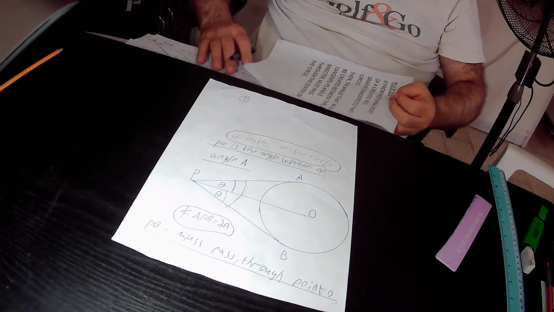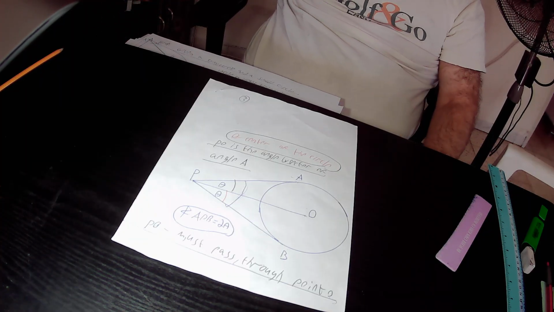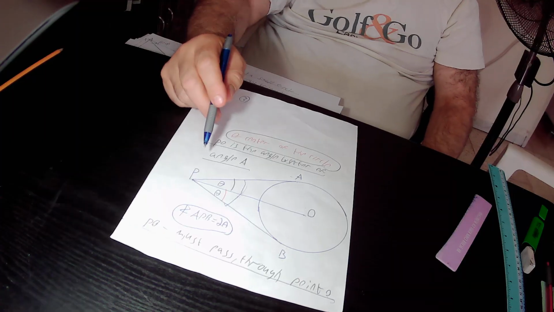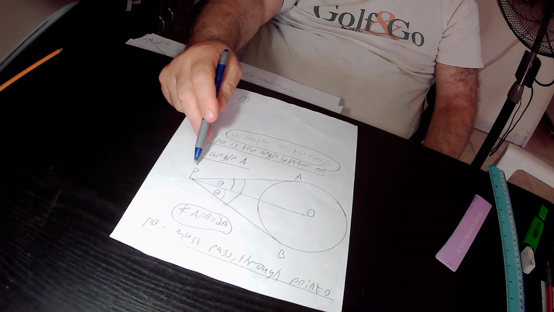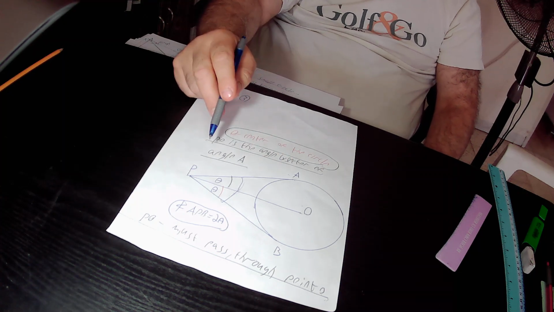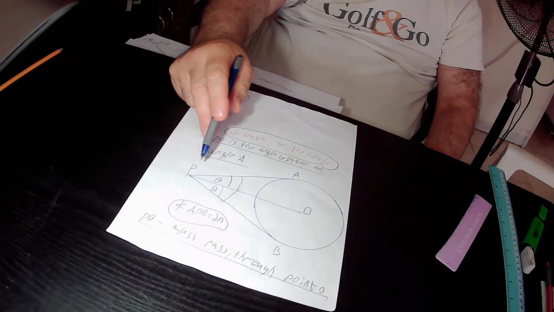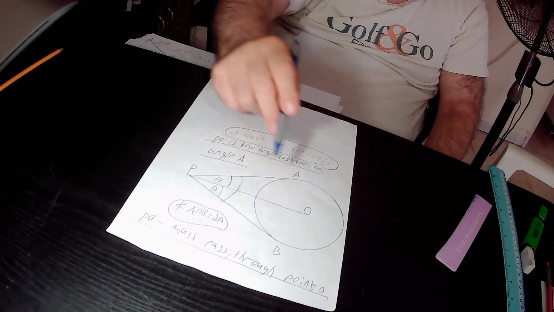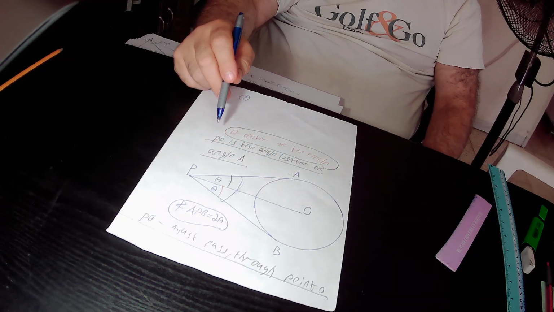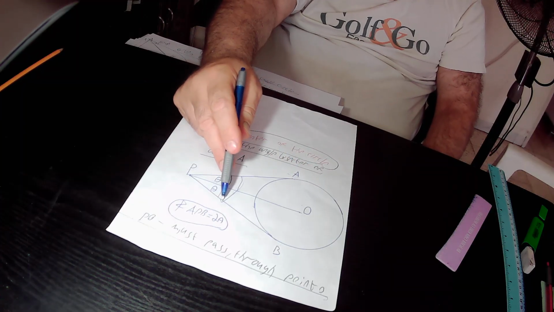So in the drawing we have a circle, and this point P is a common external point in relation to this circle. From this common external point P, we draw two tangents to this circle, tangent PA and tangent PB. By drawing the two tangents PA and PB, we created this angle.